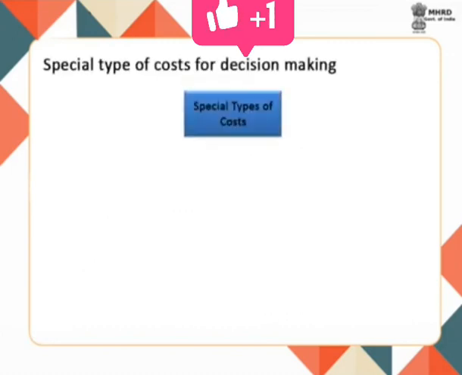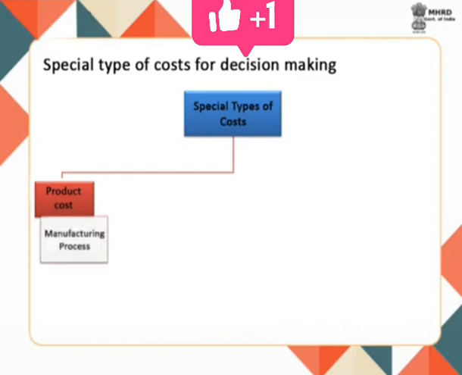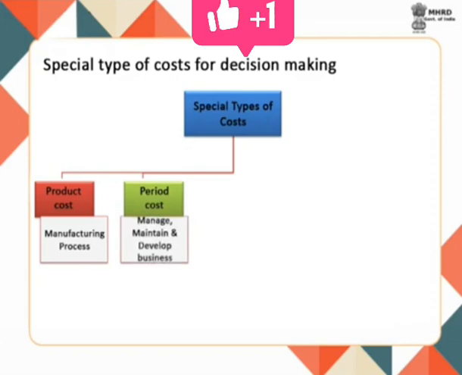Special types of costs for decision making are: number 1, product cost. It is the cost associated with the manufacturing process. 2, period cost. These are costs required to manage, maintain, and develop business. 3, opportunity cost.